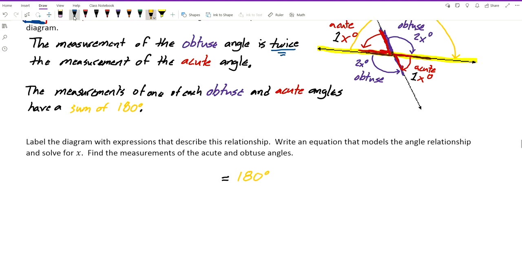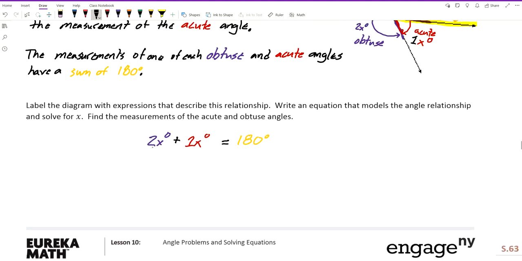And the two things we're adding to get that are the obtuse angle, which is measured as 2x degrees, and the acute angle, which is measured as 1x degrees. Okay, so write an equation that models. We just wrote an equation, and then we have to solve for x. So let's go ahead and we'll solve for x.